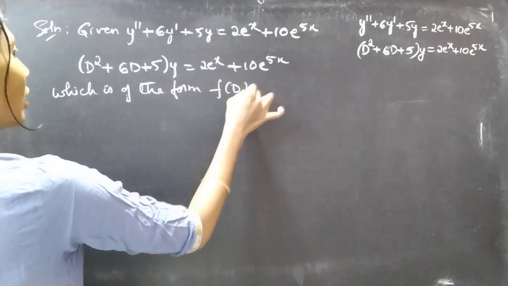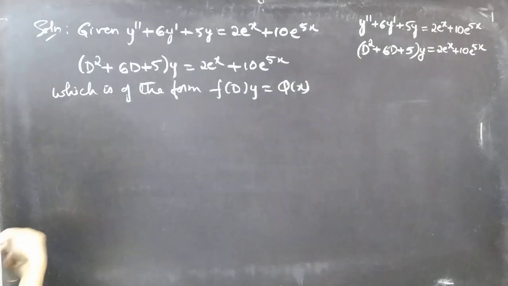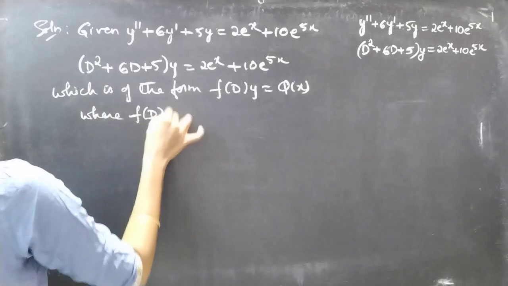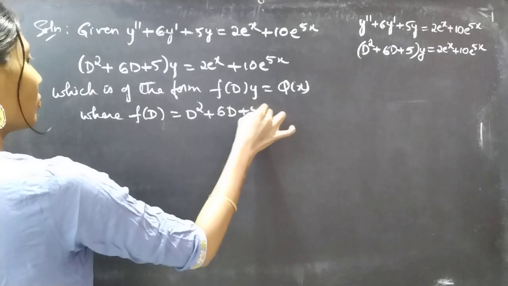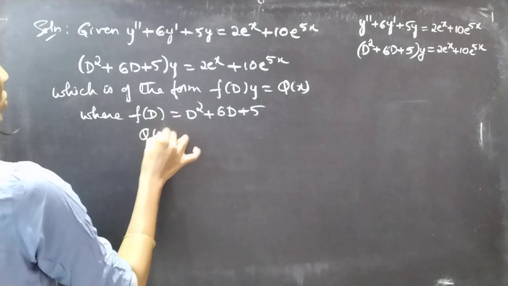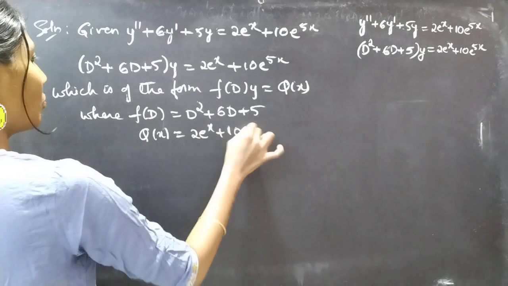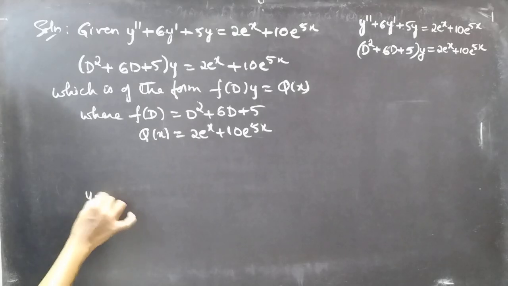F of D into y equal to some function of x, say q of x, where f of D equal to D square plus 6D plus 5 and q of x equal to 2 e power x plus 10 e power 5x, right?